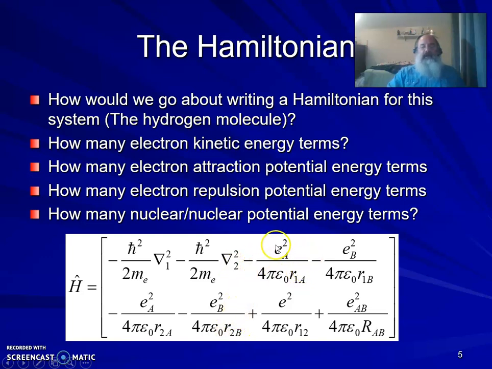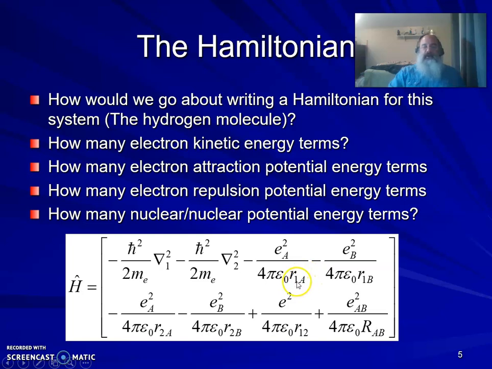And then we have our attraction term. We know it's attraction because it's negative. For electron 1 to nucleus A, and electron 1 to nucleus B, and electron 2 to nucleus A, and electron 2 to nucleus B. And each of these has a separate R, where the R is the distance between these items.